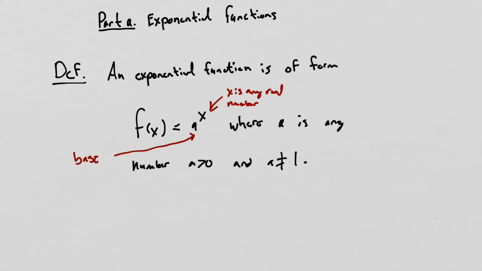Before we look at an example, let's go ahead and note the following. If a was equal to 0, or a was equal to 1, then our exponentials would look like the following function.